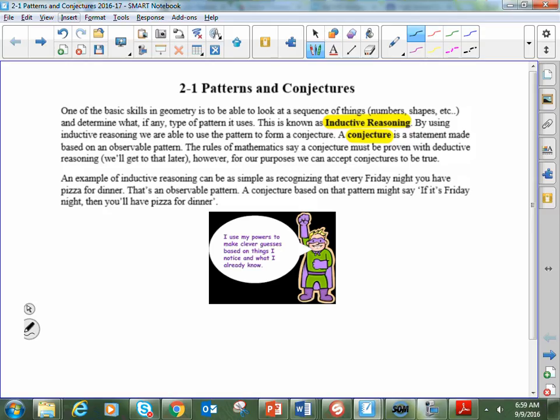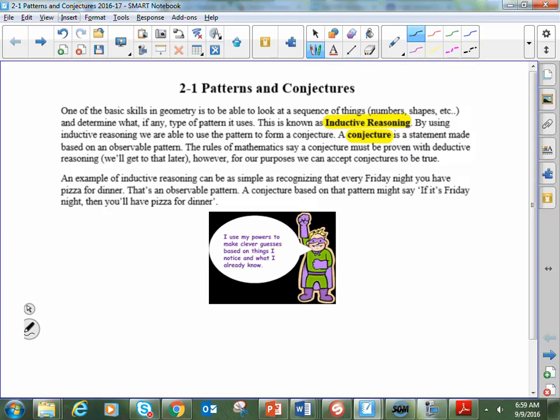Well, a conjecture comes from the idea that we can see a pattern emerging. The way that we see a pattern emerging is known as the idea of inductive reasoning. When you're practicing inductive reasoning, you're really looking to see, how do things happen?